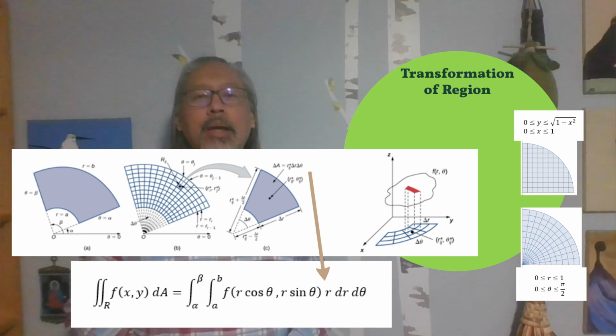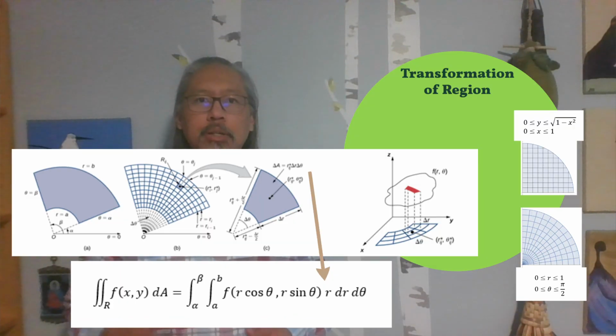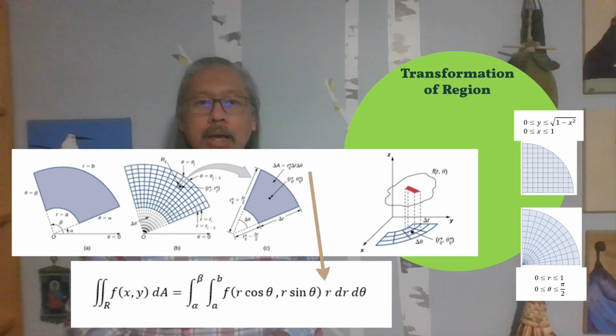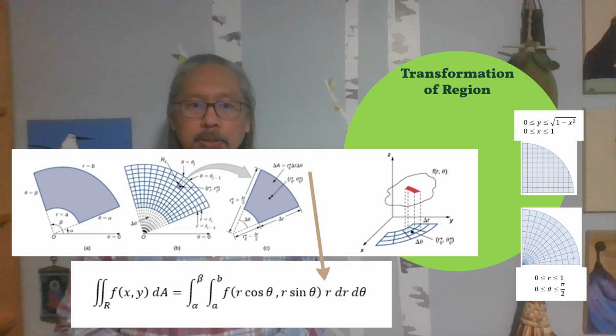And you can think about that as when you do a u substitution or a trig substitution, your dx becomes d theta with something else, or your dx becomes du with something else. And so that's the general idea here, that we're going to come up with an extra factor to compensate for the way we changed from rectangular coordinates to polar coordinates.